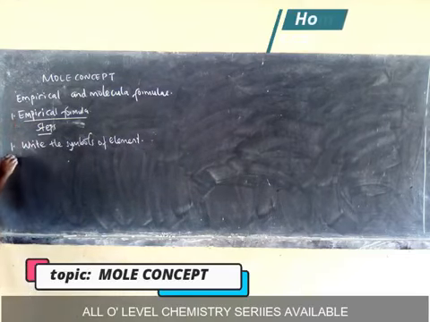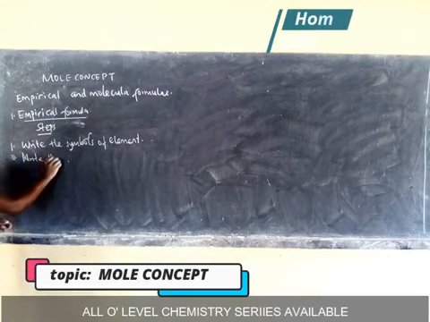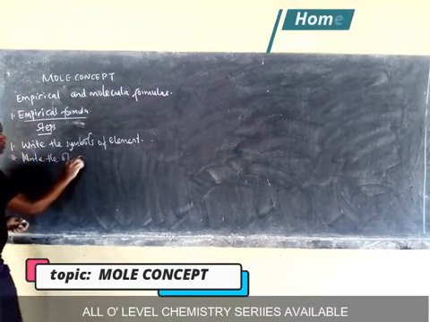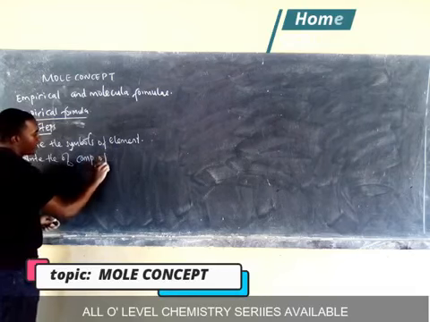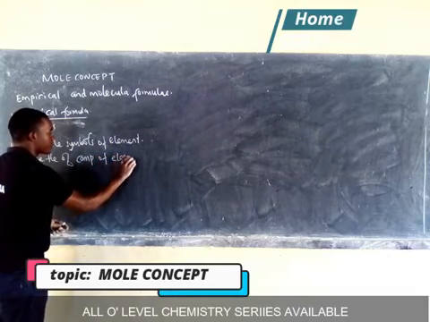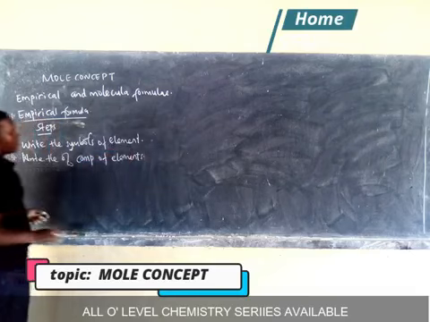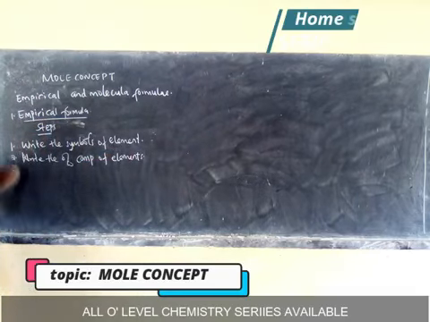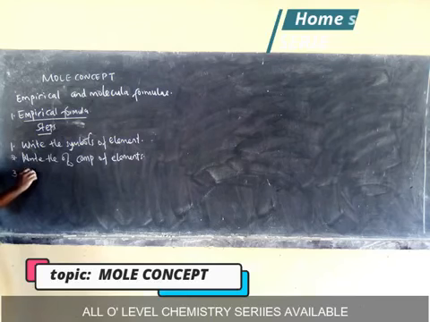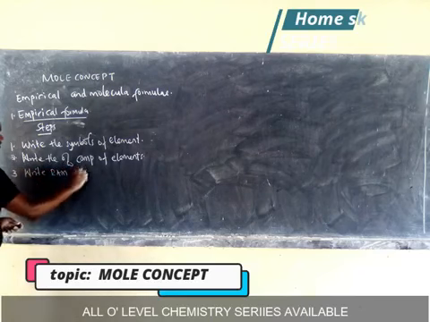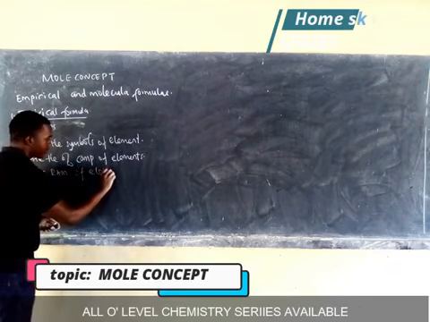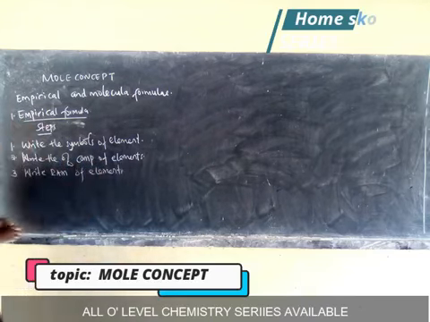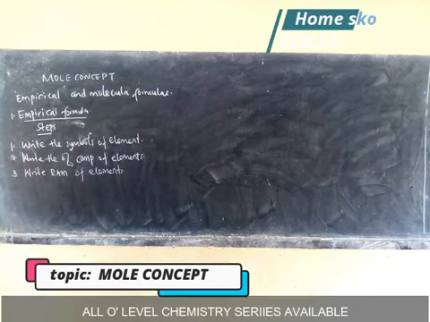Number 2, you write the percentage composition of the elements below them. Then number 3, you write the relative atomic masses of the elements again below the percentage composition.